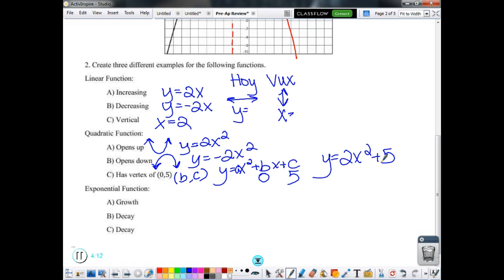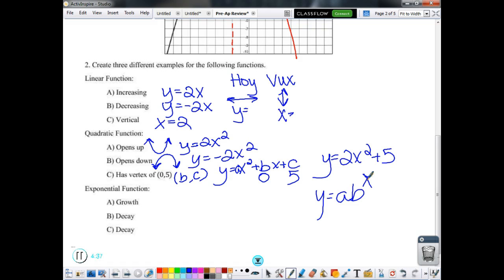Exponential functions, what does that look like? Y equals a times b raised to the x. What does a stand for? Initial, your starting, your original value, right? B tells you if it's increasing or decreasing, or if it's growth or decay. If it's greater than 1, then it's what? Growth.